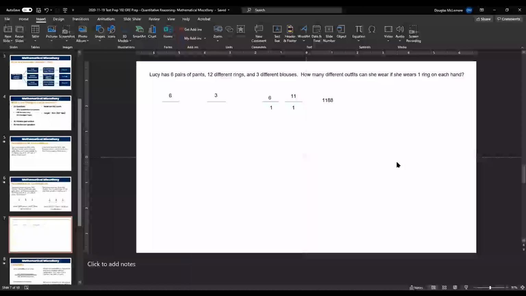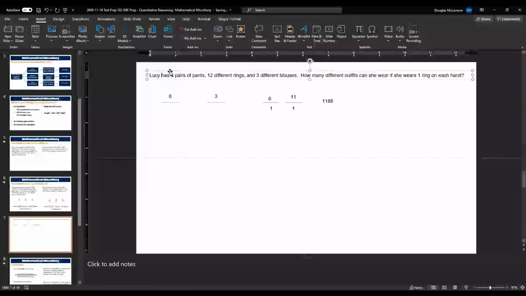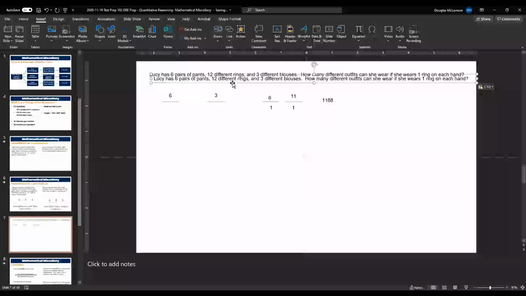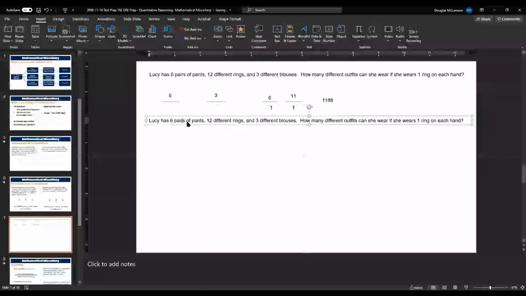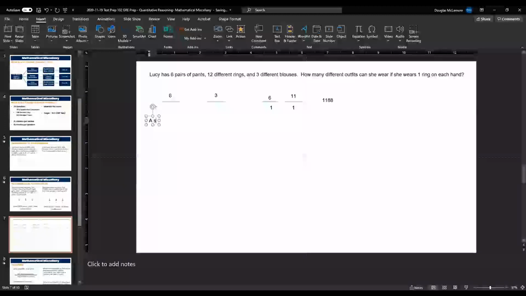So sometimes they'll give you these multi-slot kinds of questions. Sometimes they'll give you the single, like one set of slots. Here's another good common one. A sundae bar has 3 flavors of ice cream, 6 sauces, and 4 toppings.